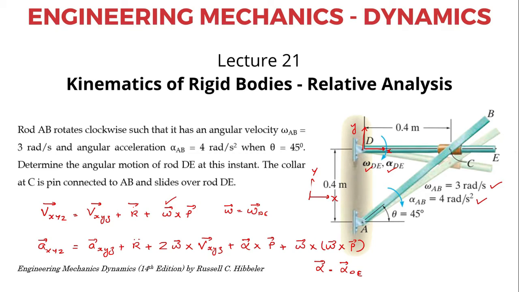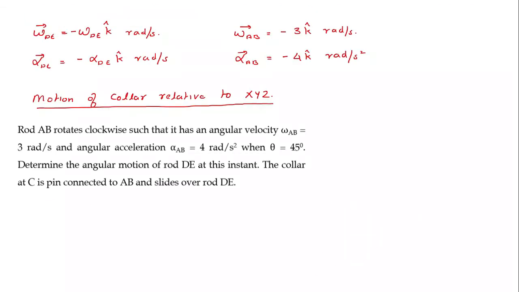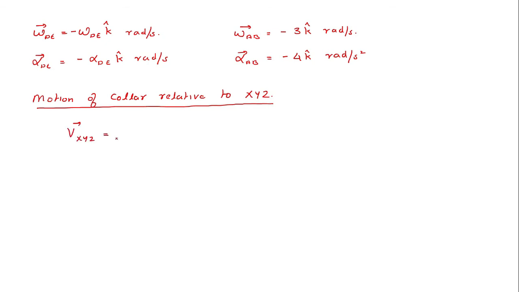So here, velocity with respect to capital XYZ is equal to, now if this collar C is undergoing pure rotation with respect to the point A, I can write the equation of velocity as omega AB vector cross R AC vector.